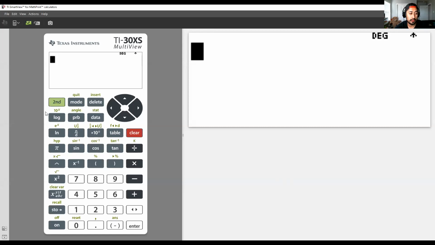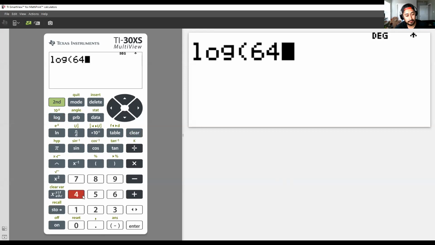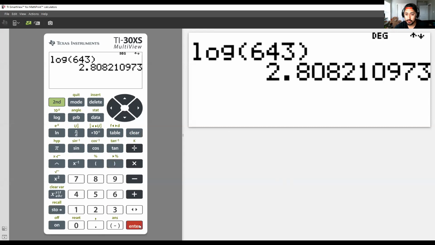Hit log, and then type in 643, close parentheses. Enter. We said to 4 decimal places, so this is approximately equal to 2.8082.